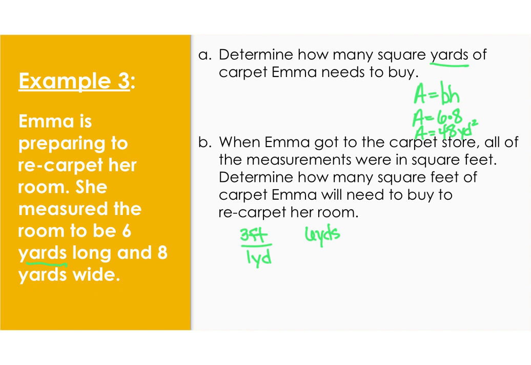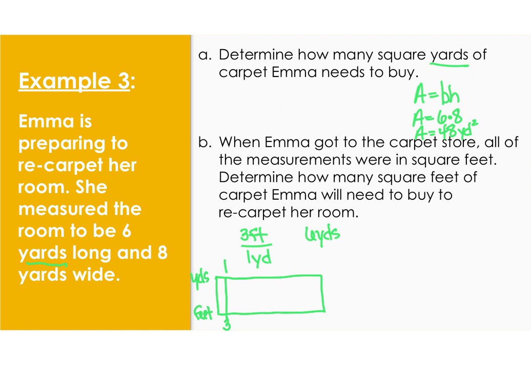We can once again use a double number line for this if we'd like to. So here I have yards and feet. So there's 1 for every 3 feet.